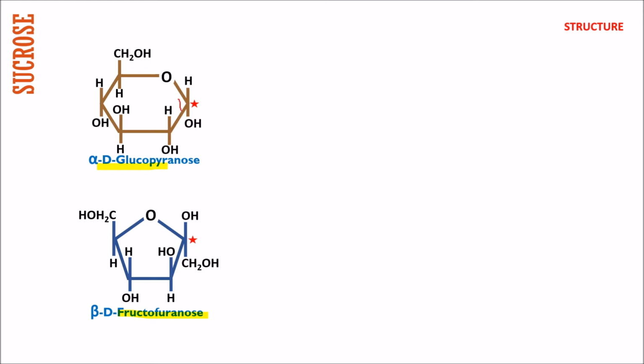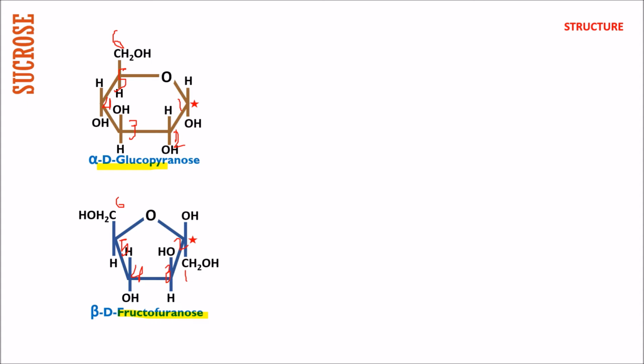Carbon number 1 in glucose, carbon number 2, 3, 4, 5 and carbon number 6. Here carbon number 1 of glucose is anomeric, while in beta D fructofuranose let us do the numbering first: 1, 2, 3, 4, 5 and 6, right. So carbon number 2 is anomeric over here.